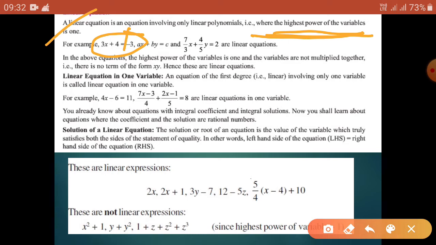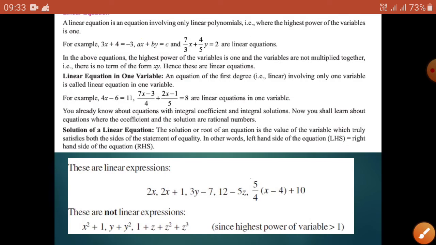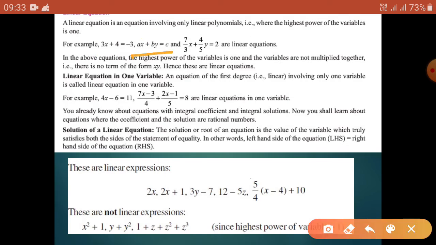So here is the equal sign and here is the variable x, and the power of the variable x is 1. In the next example also the highest power of the variable is 1. So all these are linear equations.